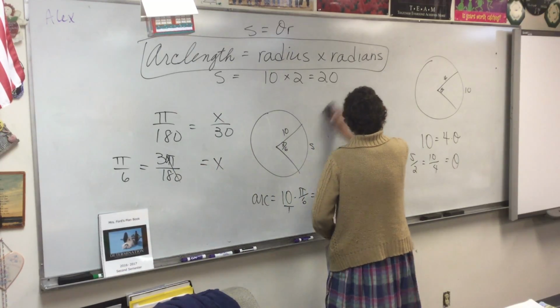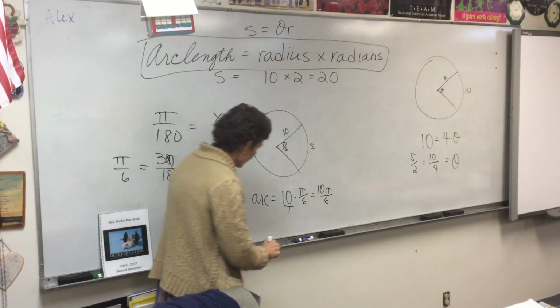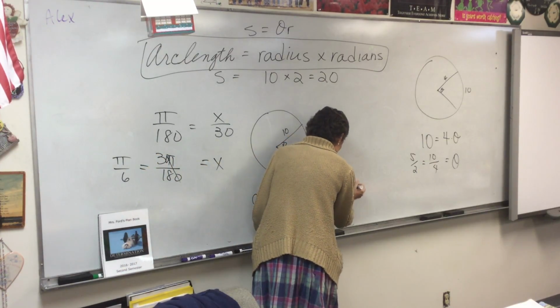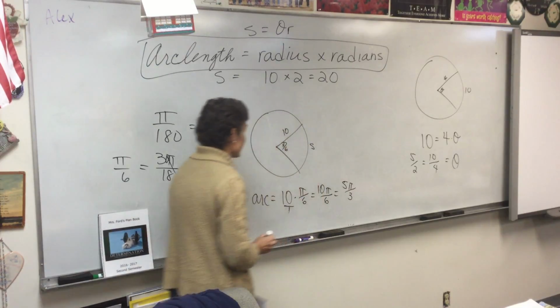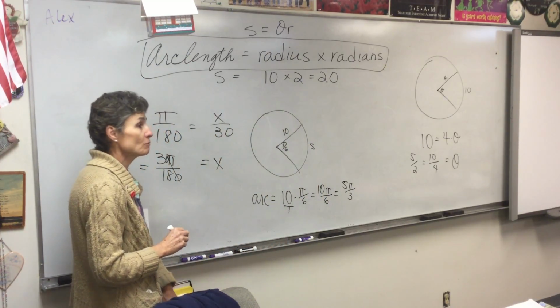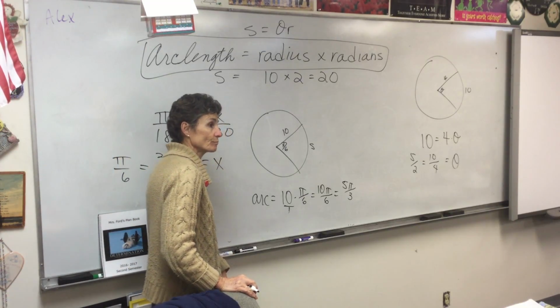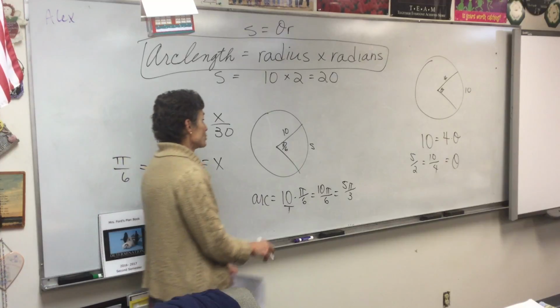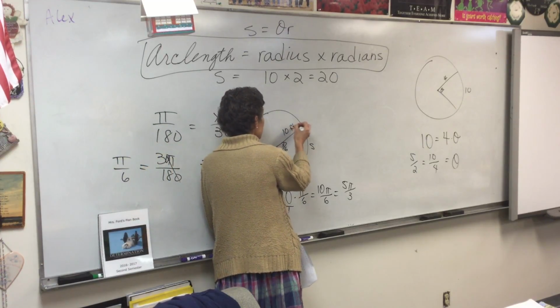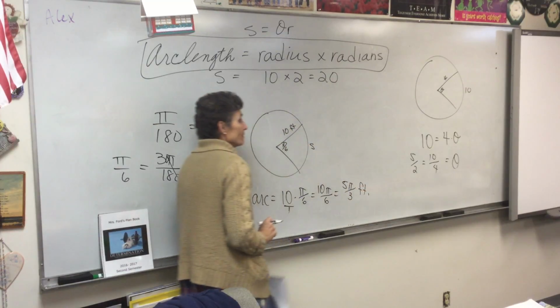So I got 10 pi over 6, which I'm sure reduces to something. 5 pi over 3. That's your arc length. Get comfortable with pies, kids. They're all over the place. So again, if this had been 10 feet on the radius, this would be 5 pi over 3 feet.